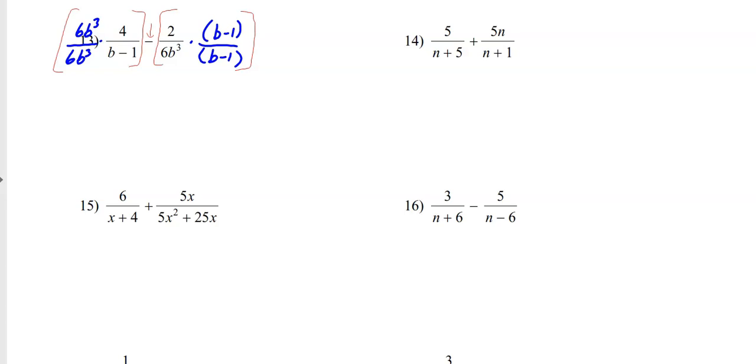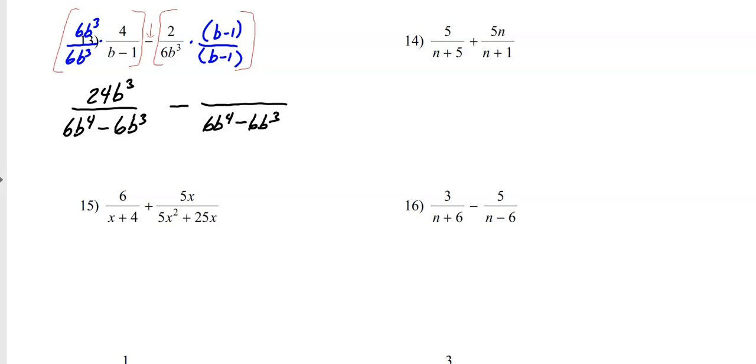Let's see what we got. So I'm going to have 24b to the third all over, that's going to be 6b to the fourth minus 6b to the third. Take away, and the bottom is going to be the same. 6b to the fourth minus 6b to the third.